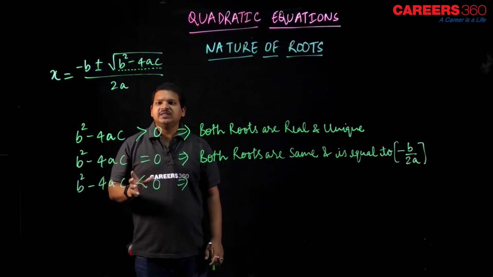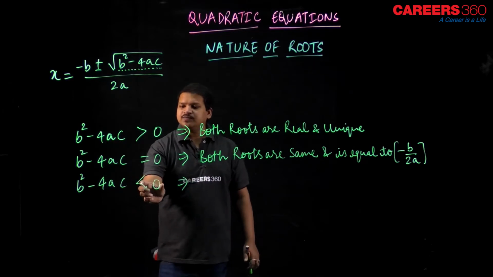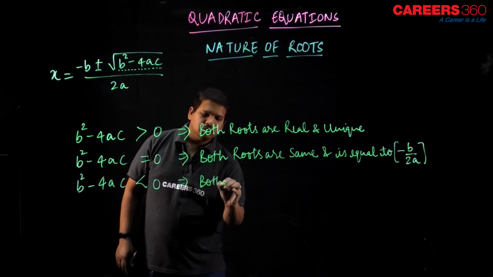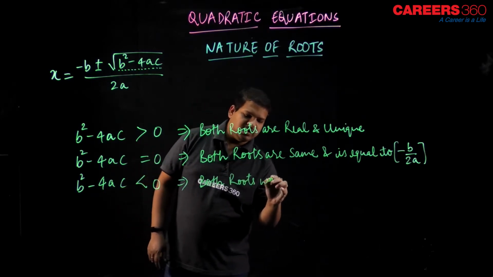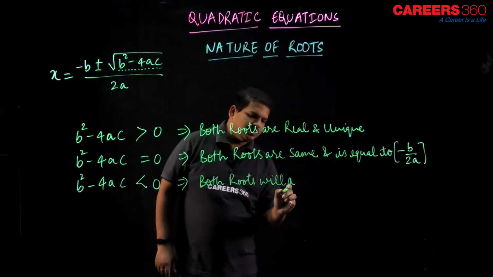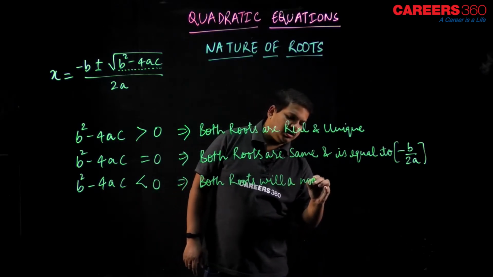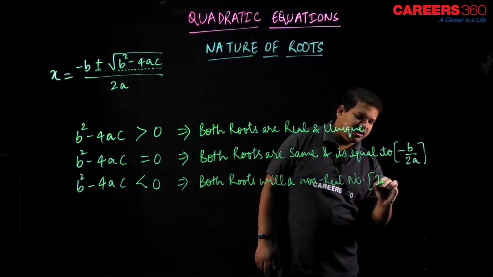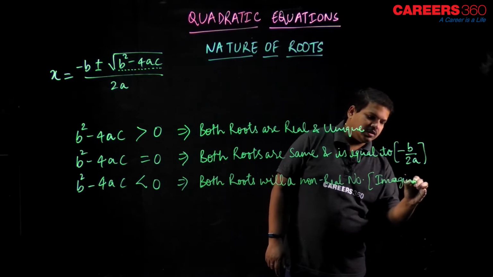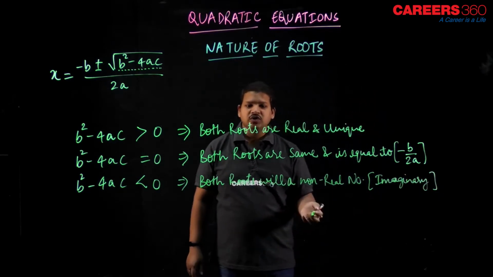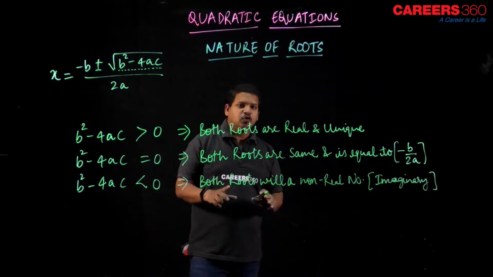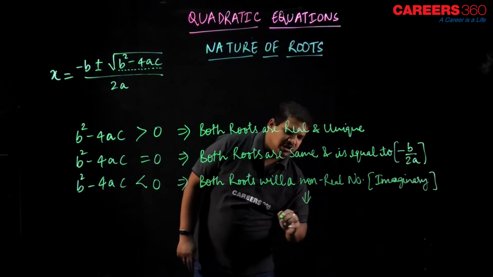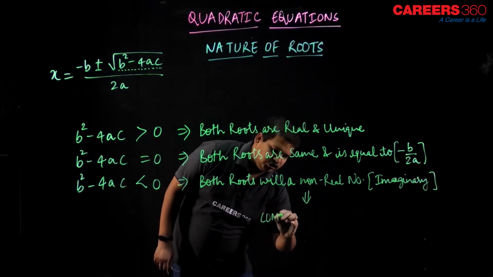So if this number is less than 0, both roots will be non-real numbers, that is, imaginary numbers. Since both roots will be imaginary, they will be in the form of complex conjugates.